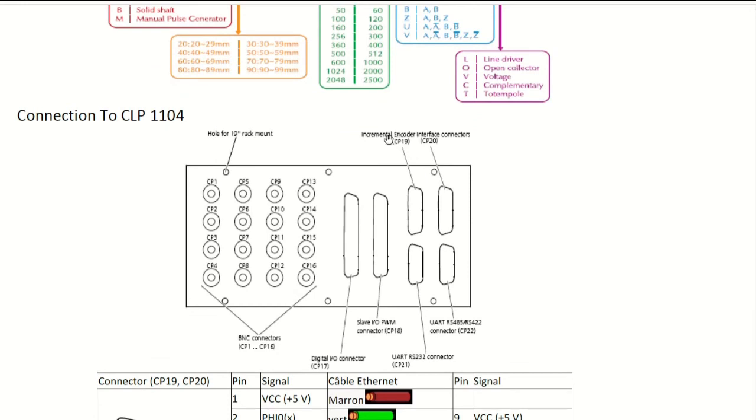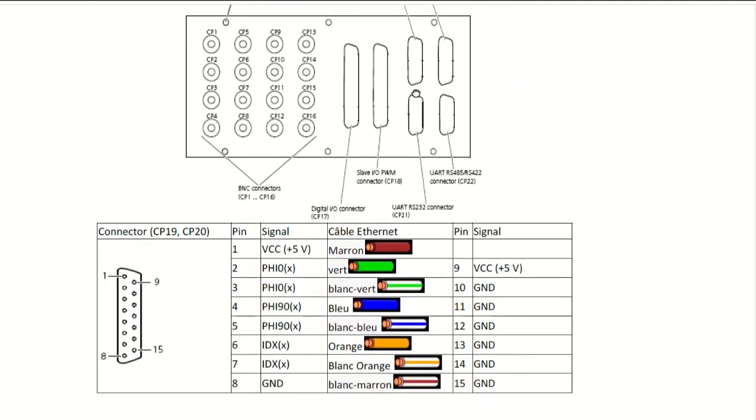Here in this example, for the CLP1104 of dSPACE, you have two connectors for the incremental encoder interface.